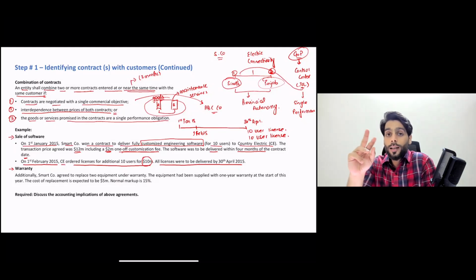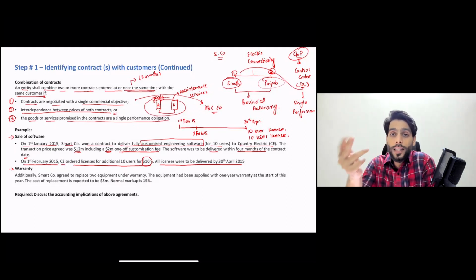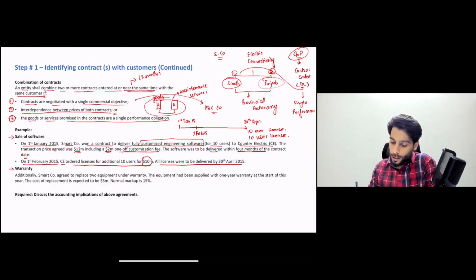The other point was, is there any interdependence between prices? Do you think there is an interdependence between prices? I would definitely say yes. You see, the first contract was done for $12 million with a $2 million customization fee.